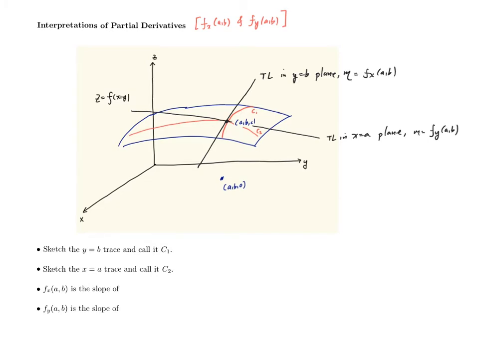So just to summarize, the partial derivative of f with respect to x at a, b is the slope of the tangent line to the curve C1 at the point a, b, c. And just to make sure there's no confusion, c is the output associated with the input a, b. Similarly, the partial with respect to y is the slope of the tangent line to the curve C2 at that same point.